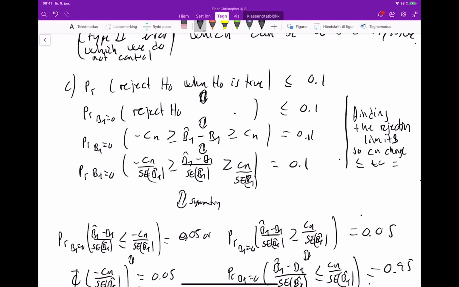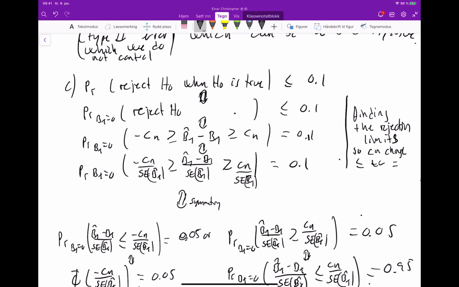And of course, beta 1 hat must have a little distance to the truth beta under H0, which is beta 1, which is 0. So beta 1 hat should be either pretty high positive or pretty much negative.